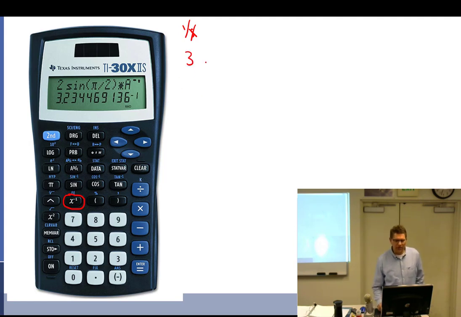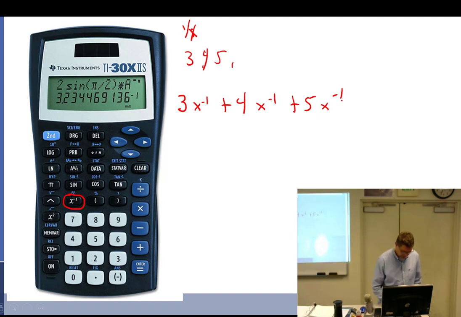So I had 3, 4, and 5 ohms, and I wanted to know what the total of that is. What I'm going to do is 3 x minus 1 plus 4 x minus 1 plus 5 x minus 1 equals.